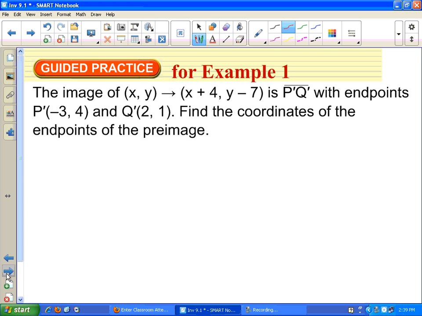Right, this is where it gets a little tricky, and I want you guys to make sure we know this one because you do have a couple like this on your homework tonight. We are told we need to find PQ, and we know where P prime and Q prime are. So the way we do that, we take the x value from P prime and set it equal to our x value in our rule. So negative 3 is going to equal x plus 4.